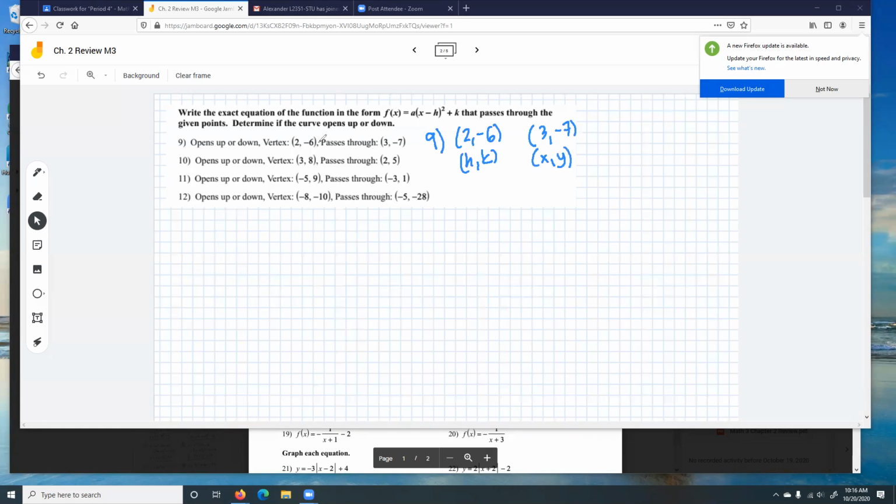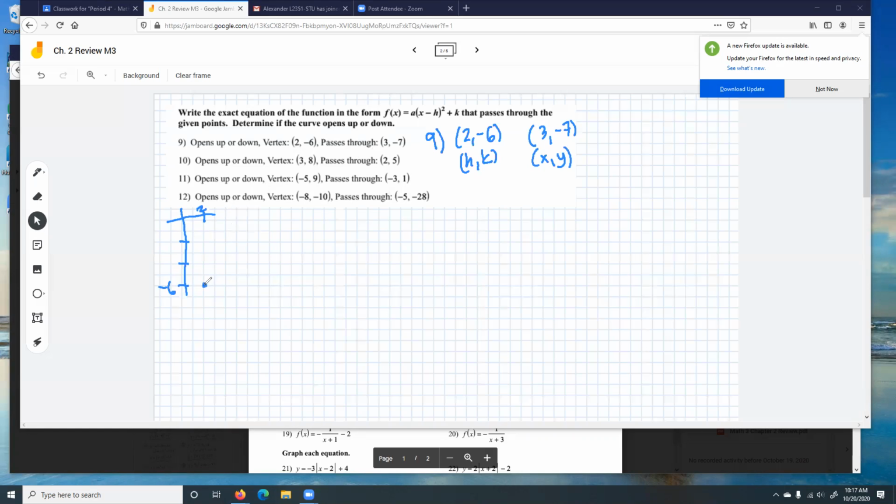If I want, I could do a sketch of this, which is actually a good idea. The vertex is at 2, -6, and 3, -7 is right next to it. I'm going to use the graph paper on my paper.